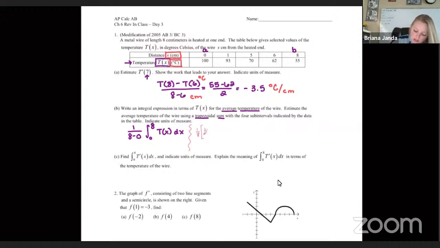So 1/2 times our height of 1, base 1 plus base 2. And move on to the next trapezoid that has a height of 4. I'm getting my heights from the difference between the x values. So the difference between 1 and 5 gives me the height that I just wrote here. The two bases come from the function values at 1 and 5.